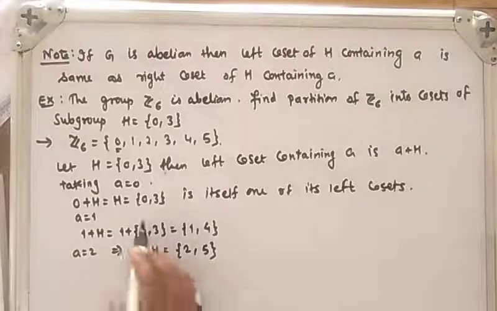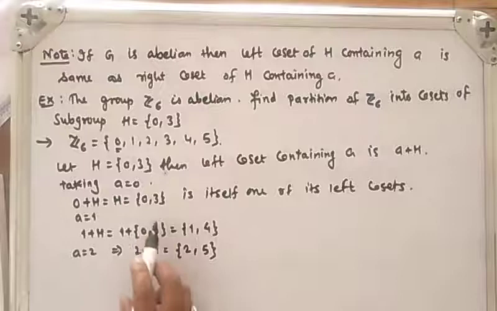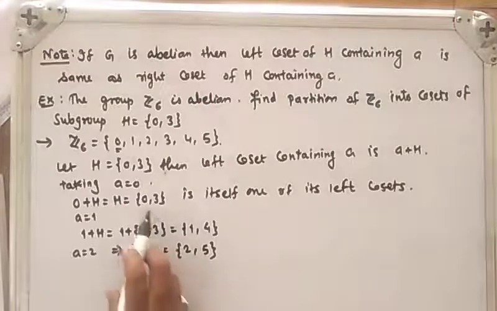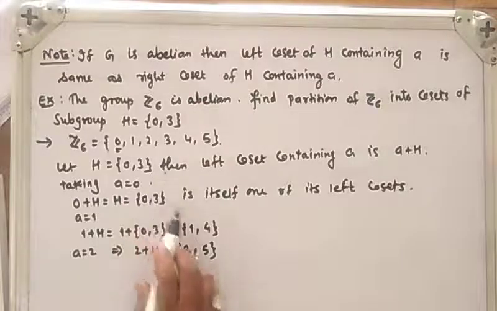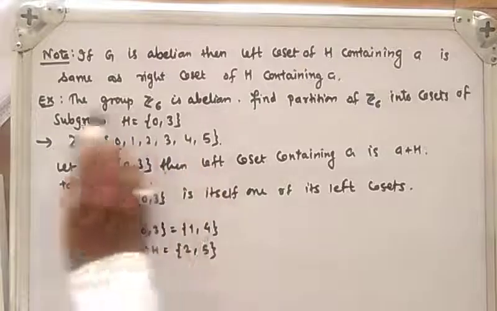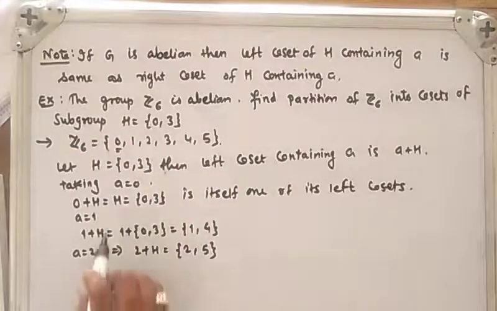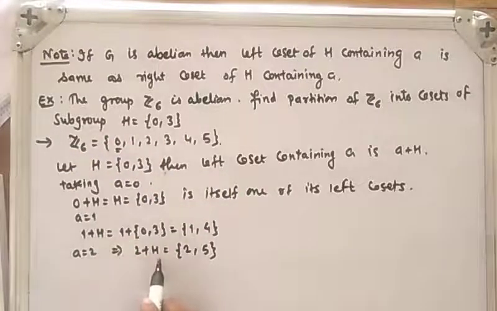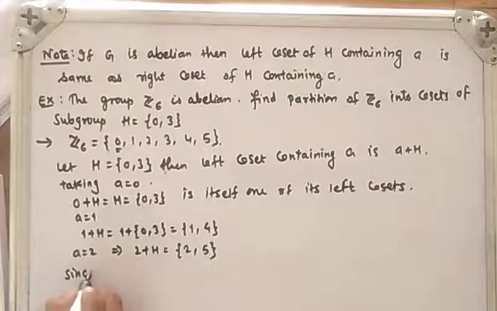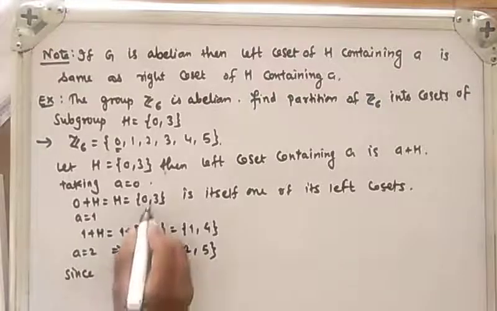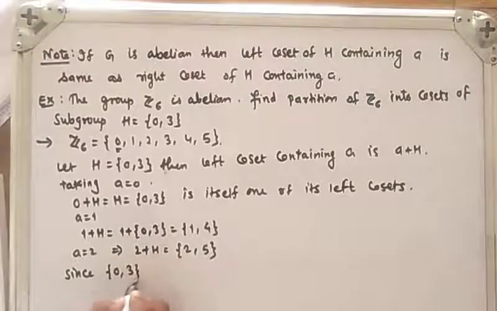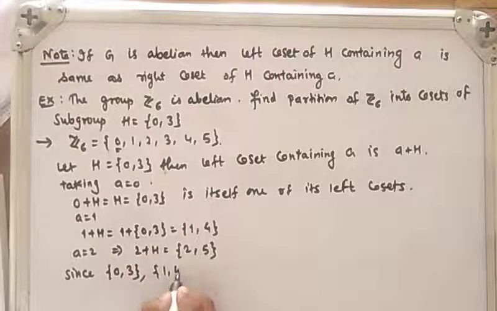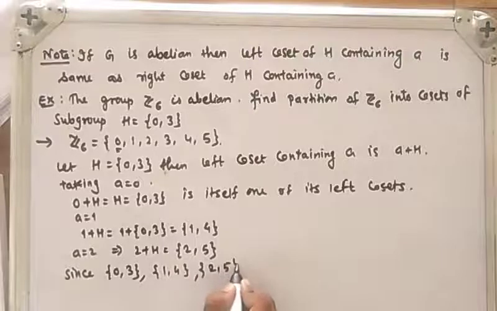Now here observe that in total there are 6 different elements: 0, 1, 2, 3, 4, 5. They exhaust all elements of Z6, which means H, 1 plus H, 2 plus H form a partition of Z6. The first set has elements 0, 3, the second has elements 1, 4, the third coset has elements 2, 5.